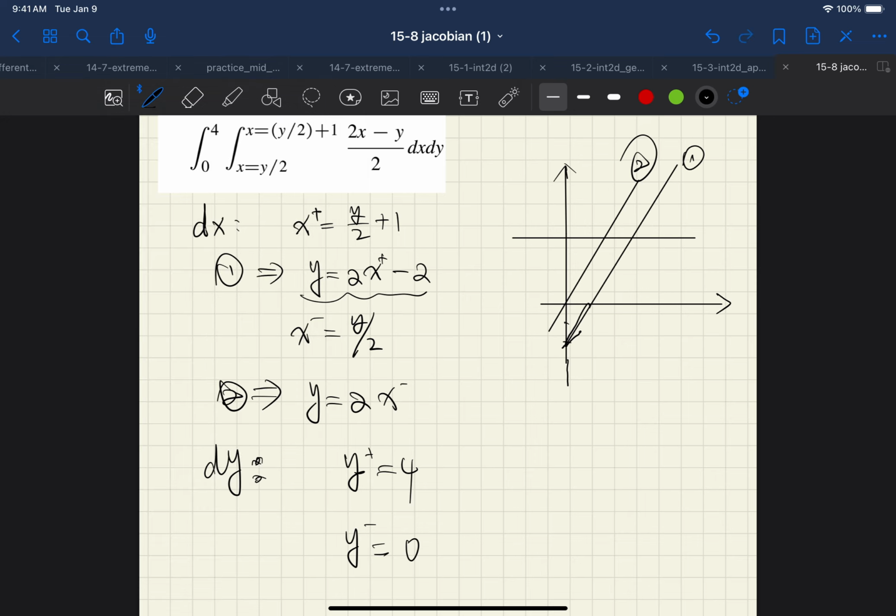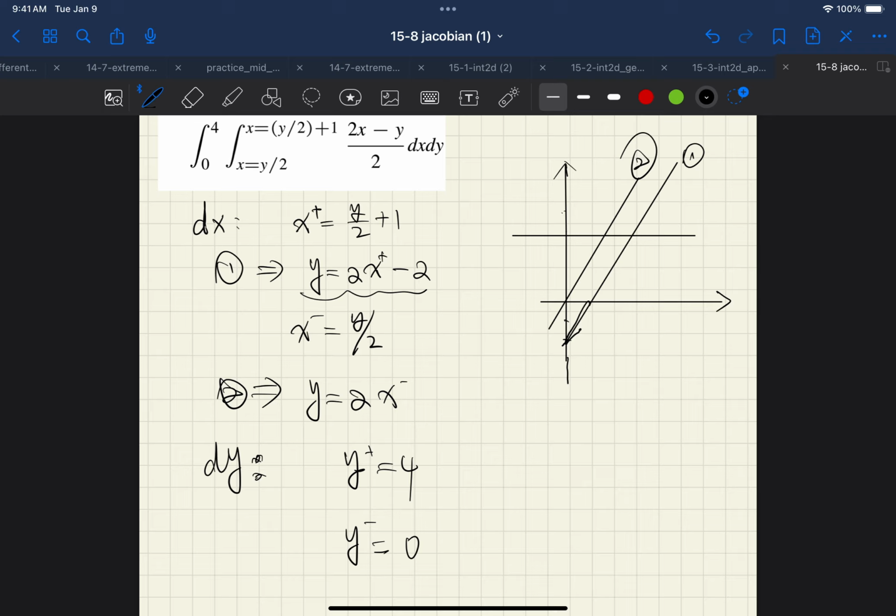So basically, suppose this is 4, and y equals 0 means this is just the line of the x-axis, right?